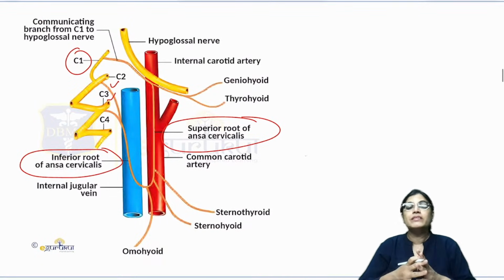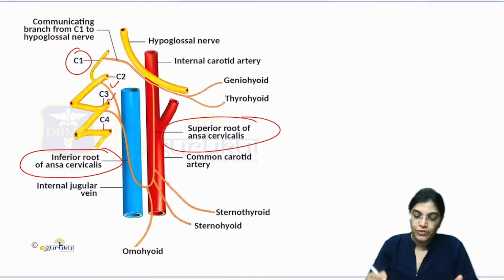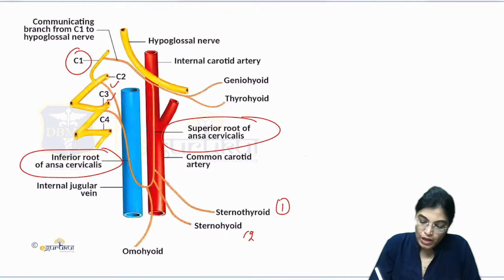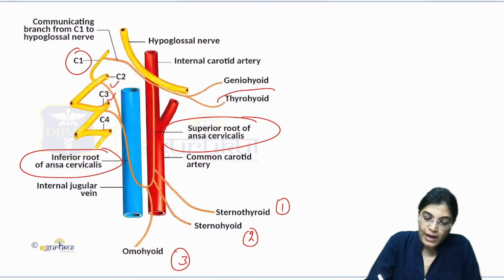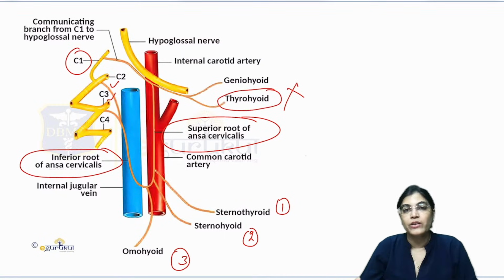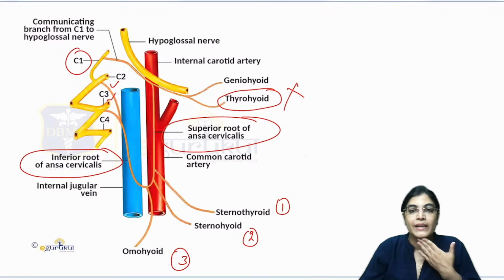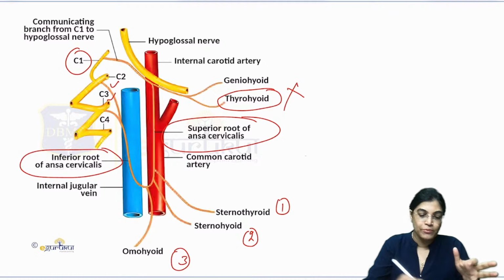That means it is lying anterior to the carotid artery, internal jugular vein and vagus nerve, and it is giving innervation to sternohyoid, sternothyroid and omohyoid. Thyrohyoid is also an infrahyoid muscle, but it is not supplied by the Ansa cervicalis loop. It is supplied by C1 nerve fibers running along with the hypoglossal nerve.